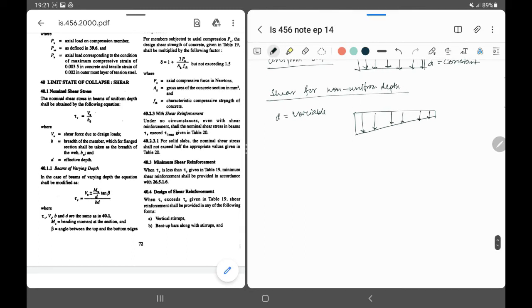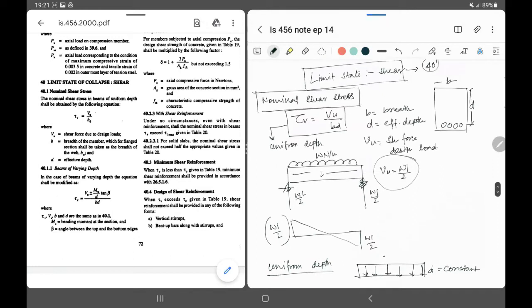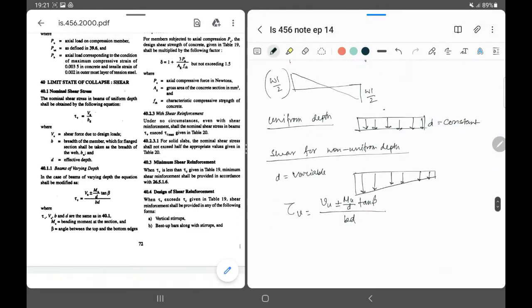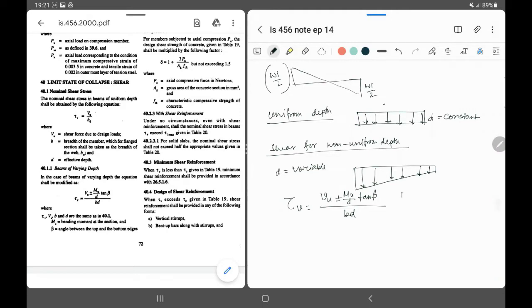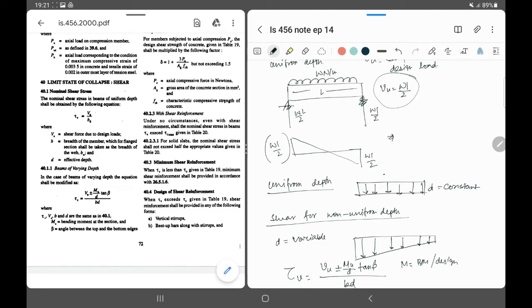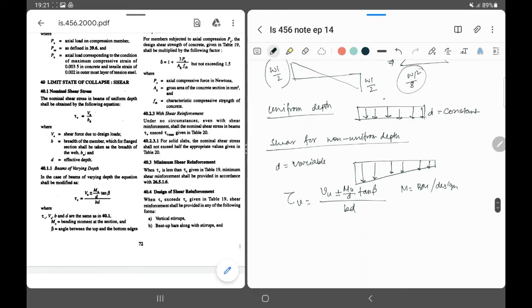In that case the shear stress tau v equals Vu plus or minus Mu by d tan beta, divided by bd. Same as before, b is your breadth, d is the effective depth, and M is the bending moment due to design load. In that scenario, the bending moment should be WL square by 8, so M equals WL square by 8.